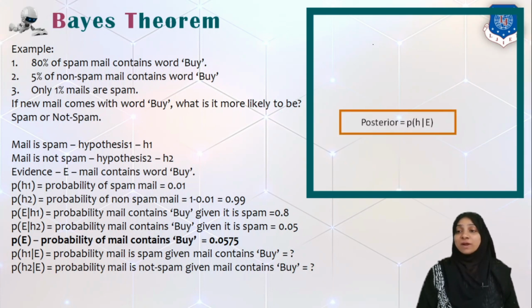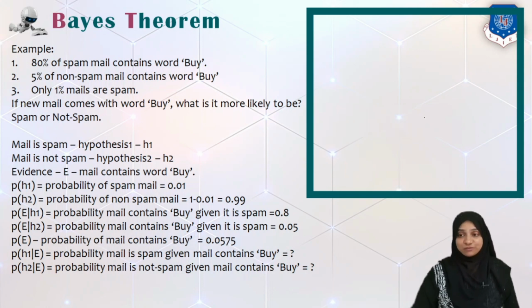Now let us move ahead and calculate something called the posterior probability. The posterior is given as the probability of the hypothesis given that the evidence is true.